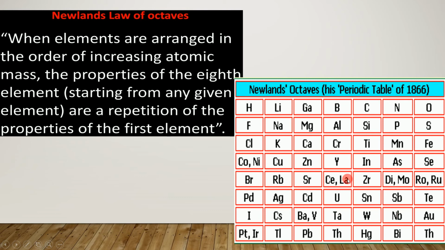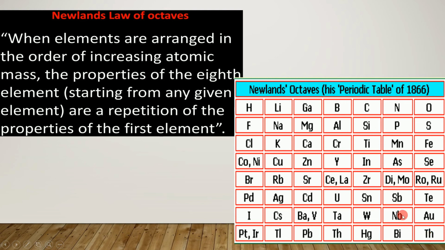That was the first major drawback. As of now, we know that there are close to 118 elements and more to be discovered in the future, isn't it? So he did not leave any gaps, and presumed that only 56 elements existed in nature, with thorium being the last element.